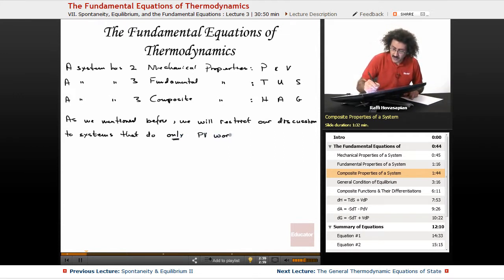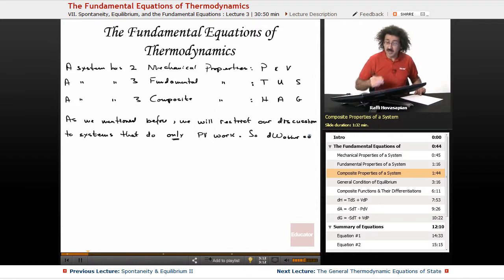So we're not going to be concerned with other work, electrical, mechanical, or otherwise. In other words, our dW other is always going to be zero for us. Okay, so let's recall the general condition of equilibrium.